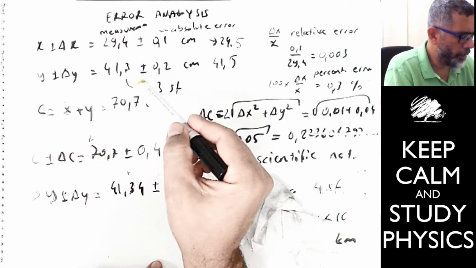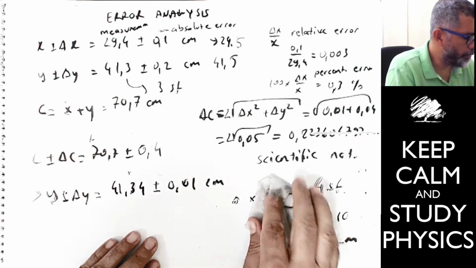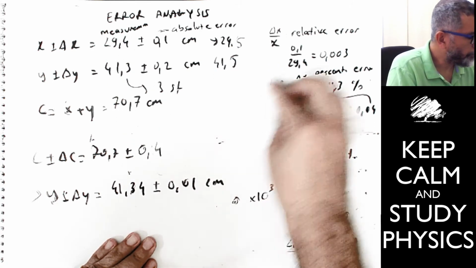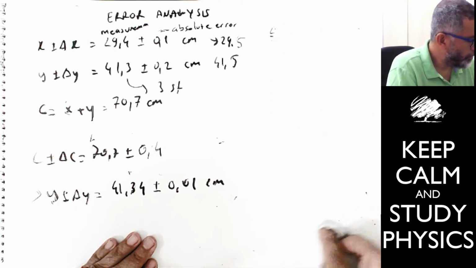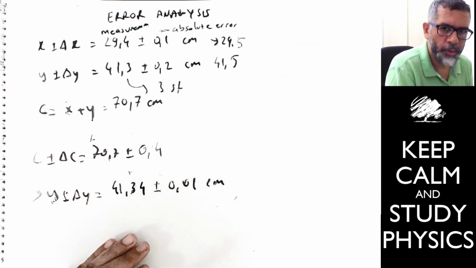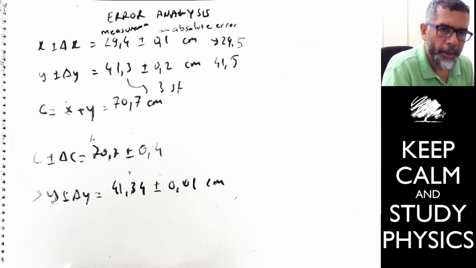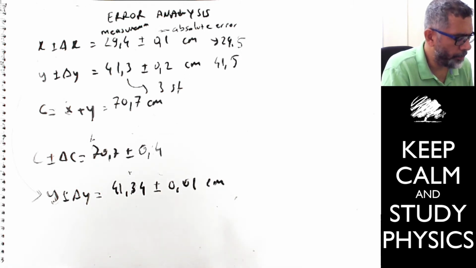But what if you have different numbers of significant figures and you want to add them? In that case, we have to obey some rules for addition of significant figures. Also, we will do multiplication and other operations.